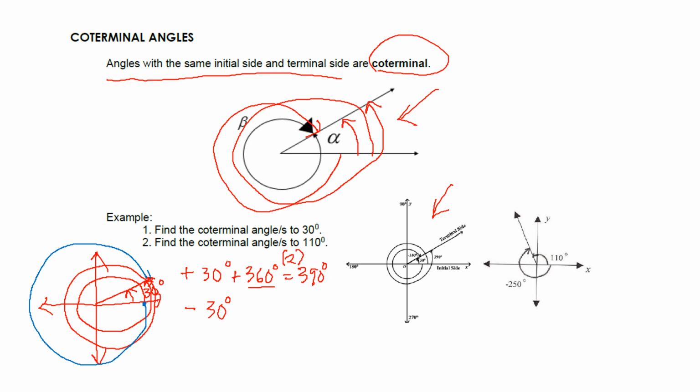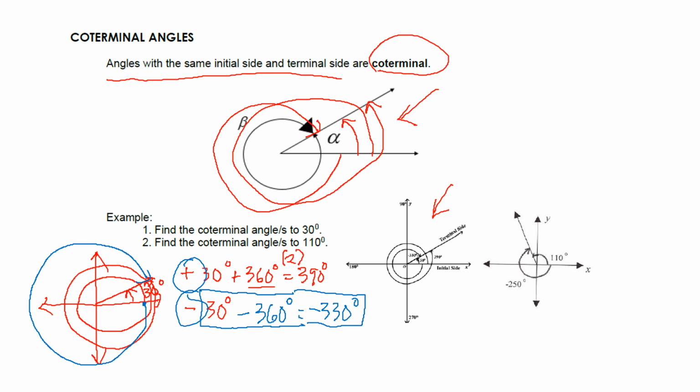So meaning to say, we have 30 degrees and we subtract 360 degrees. So 30 degrees minus 360 degrees gives us negative 330 degrees. That's how you find coterminal angles to 30 degrees. One is positive and the other is negative.